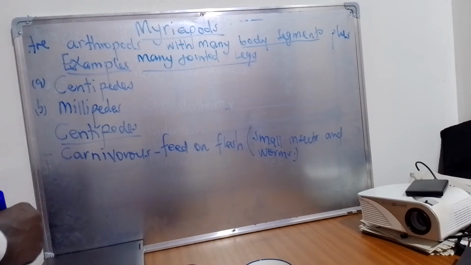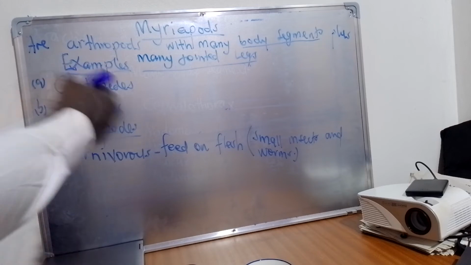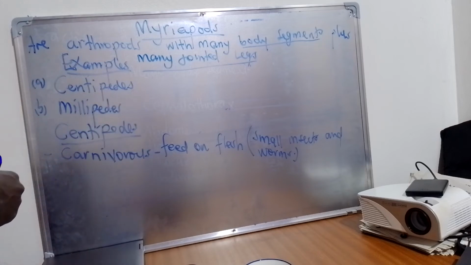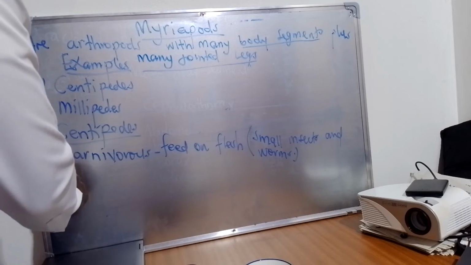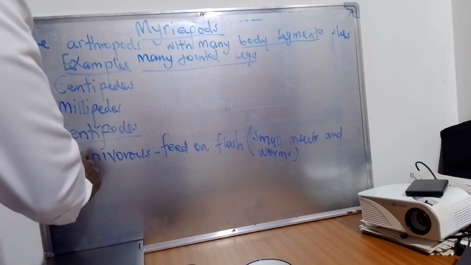Centipedes protect themselves from enemies by using poison glands. They are poisonous.